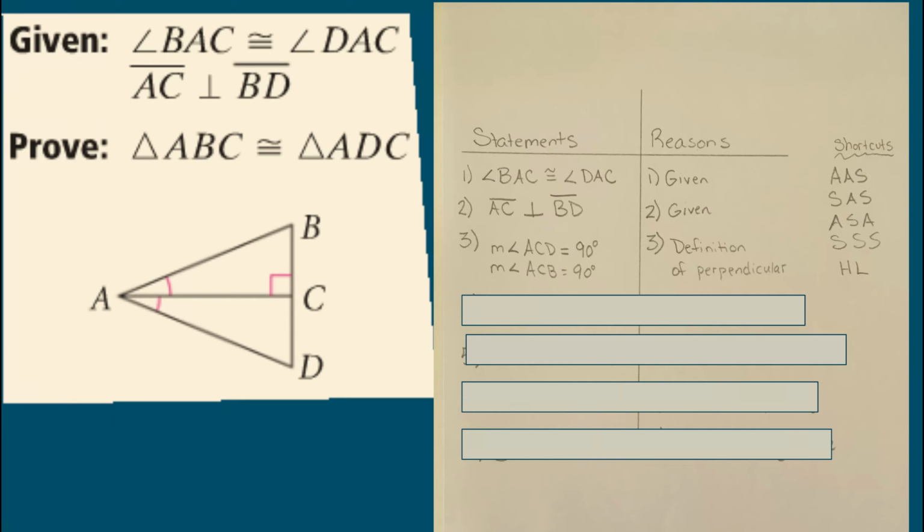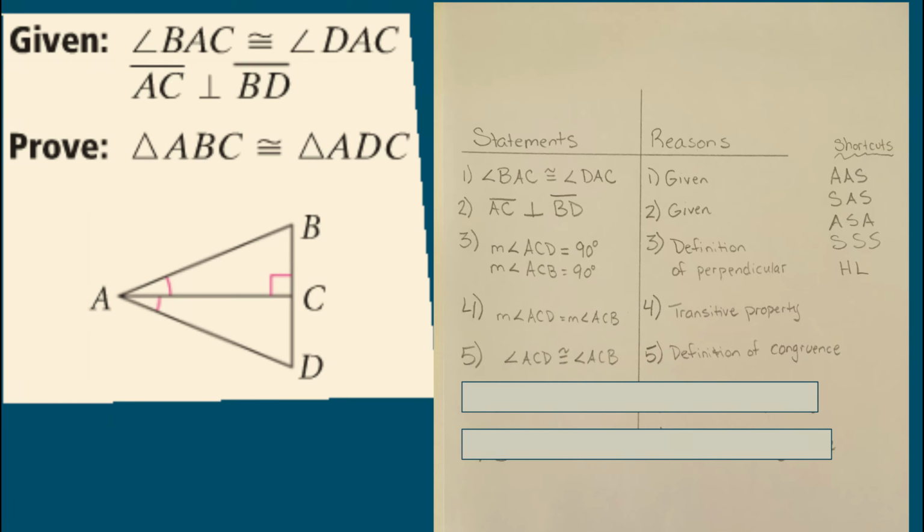Next, I can say the measurement of angle ACD is equal to the measurement of angle ACB, and you can say by the transitive property, right? ACD is equal to 90, ACB is equal to 90. So if they're both equal to 90, they have to be equal to each other. It's kind of a no-brainer there, right? Next, I can say that angle ACD is congruent to angle ACB.